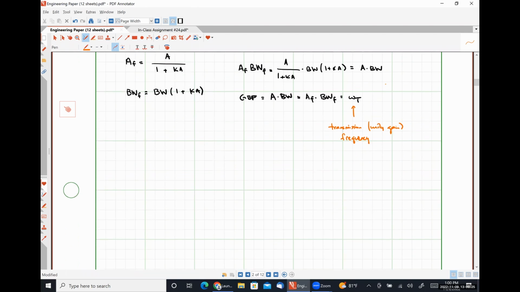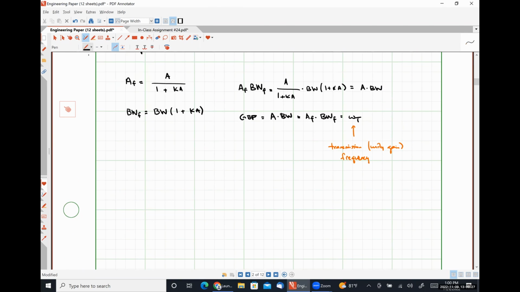So if we look at a Bode plot for a single pole amplifier with feedback and without feedback, so here's AV expressed in decibels. Here is omega.